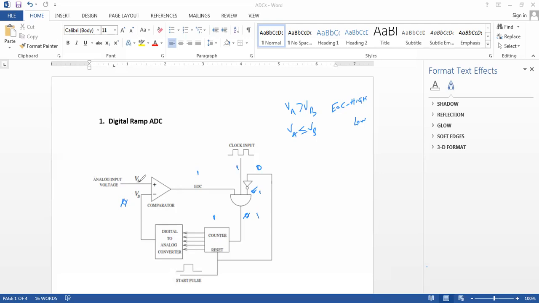If VA is still greater than VB, then in the next clock cycle, the output of the AND gate will be a 1, which makes the counter count 2. The 2 is converted into an analog voltage, and that analog voltage is compared to VA to produce an output EOC. This will continue as long as the output of the comparator is a 1.